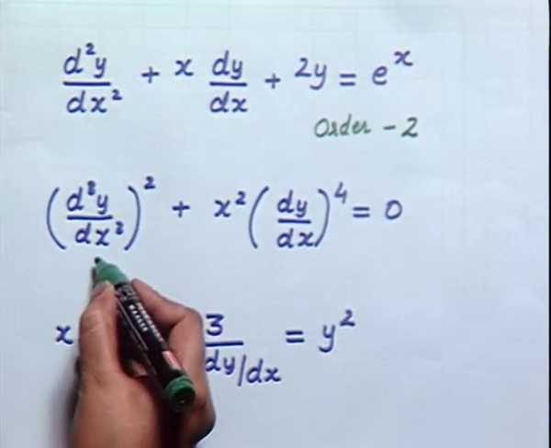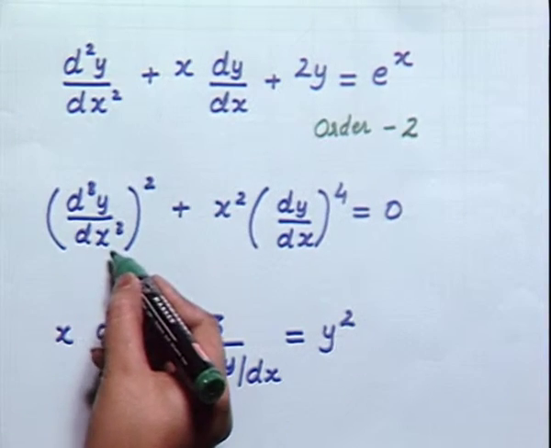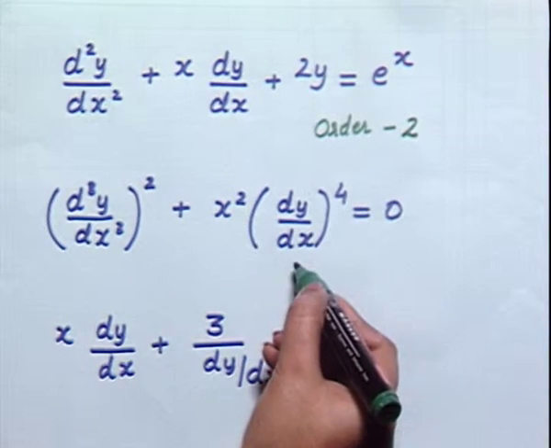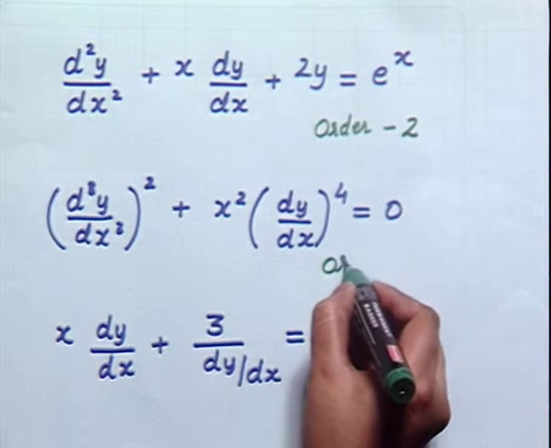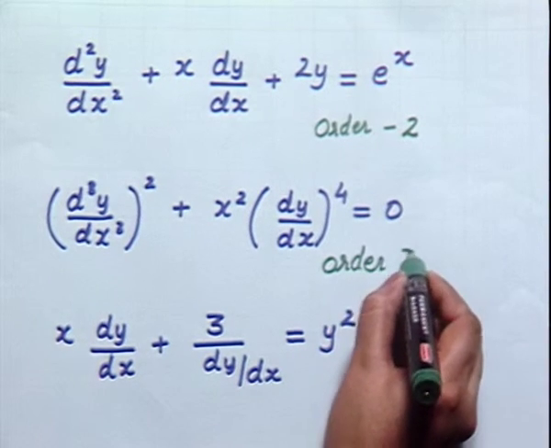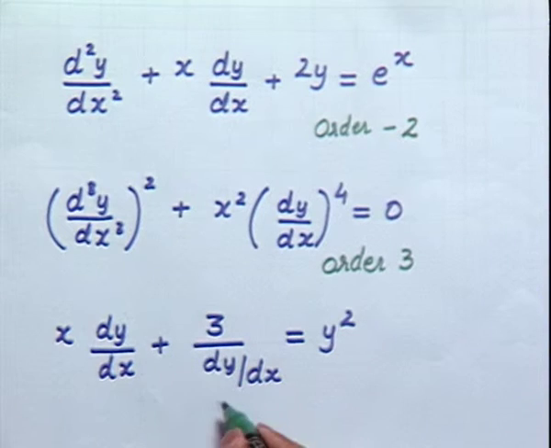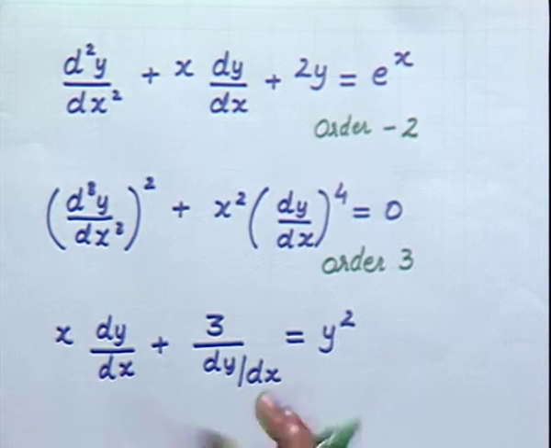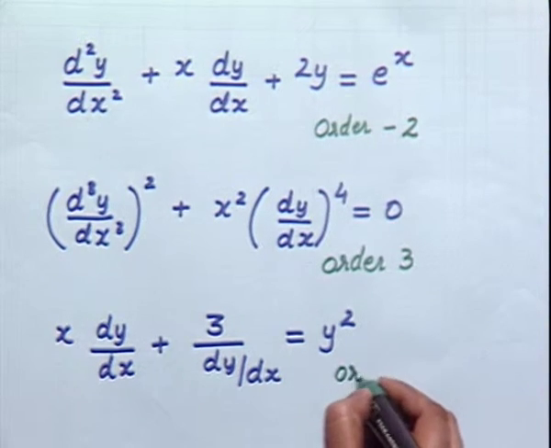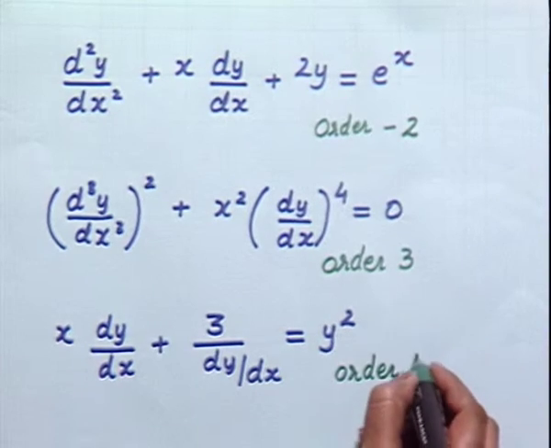In the next one, you have d3y by dx cube and this one is dy by dx. So, the order of this differential equation will be 3. Here dy by dx is appearing, no problem, even if it is in the denominator. For order, it is very clearly identified to be 1.